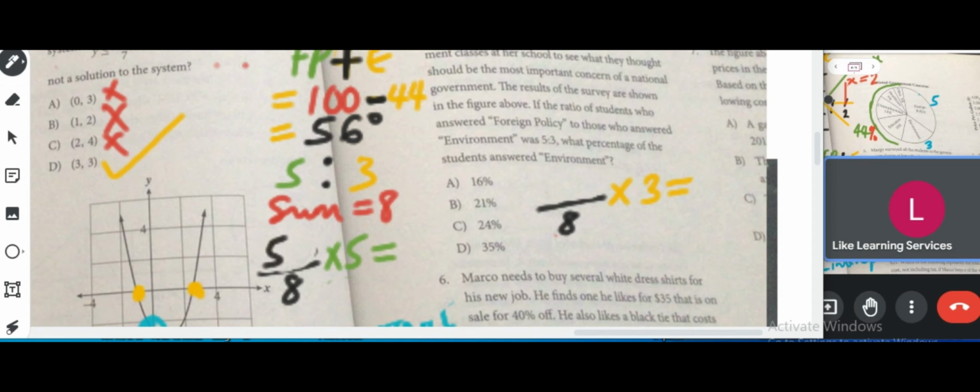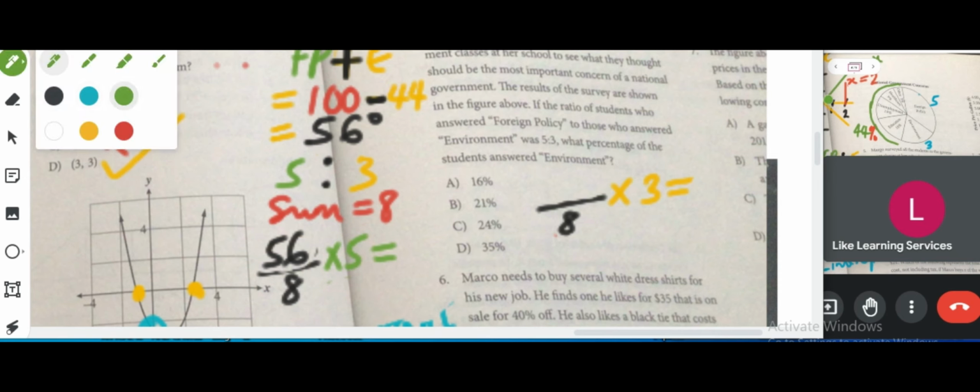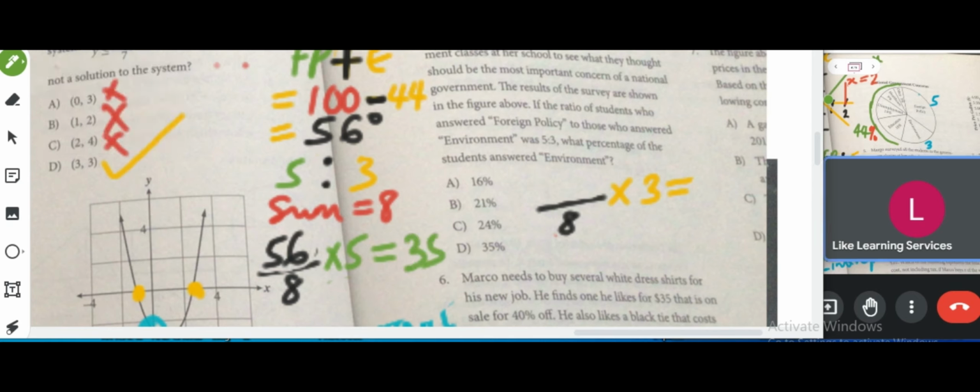So 56 over 8 times what they are sharing. What does this give? 56 over 8 times 5 is 35.